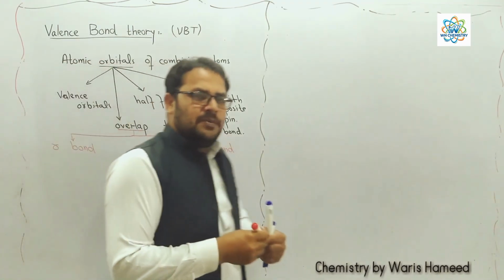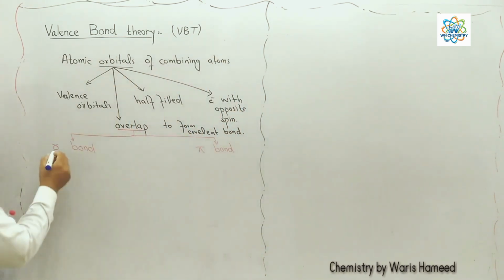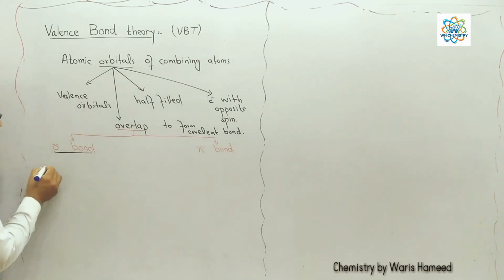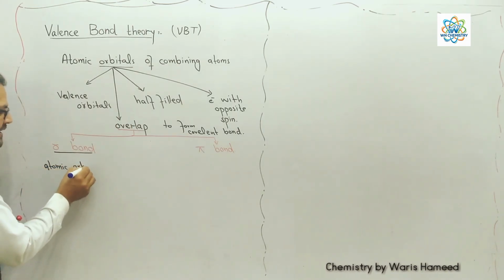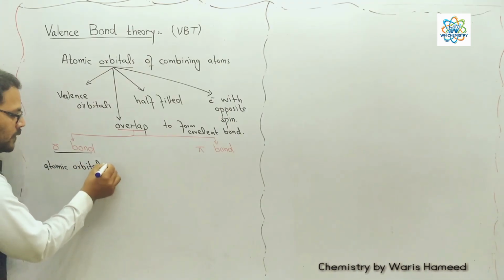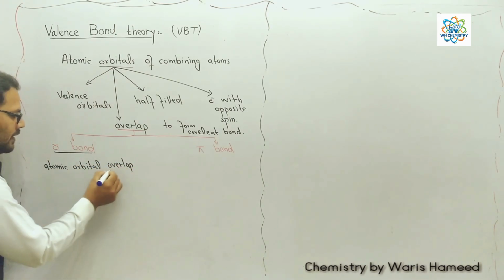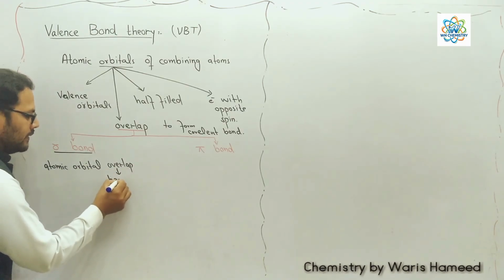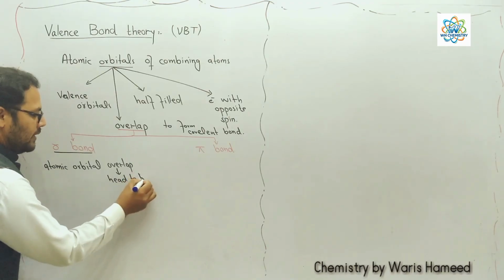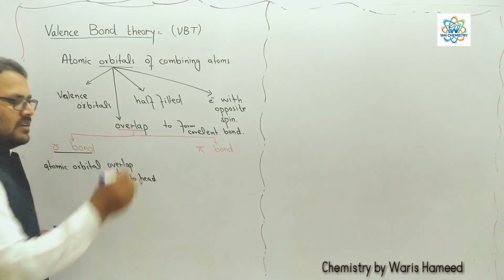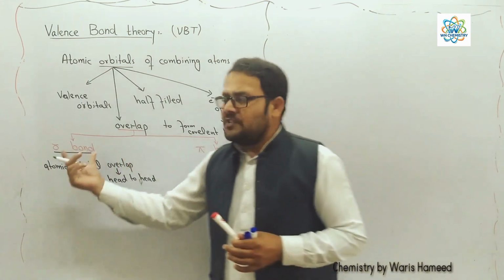Now, what is the difference between sigma and pi bond? In a sigma bond, atomic orbitals overlap head to head. When atomic orbitals overlap head to head, they form a sigma bond.